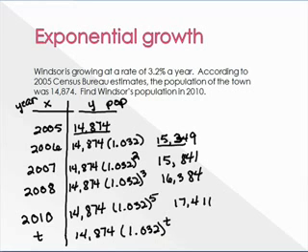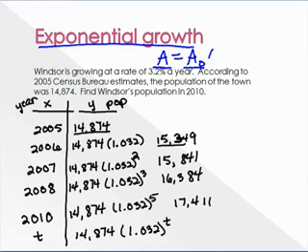So here's our formula for exponential growth. To get the amount, we take the initial amount or the original amount, and you'll see they like to use a sub O. And so if we're looking for the population, then we say, well, our beginning population, so A sub O, times 1 plus the rate.